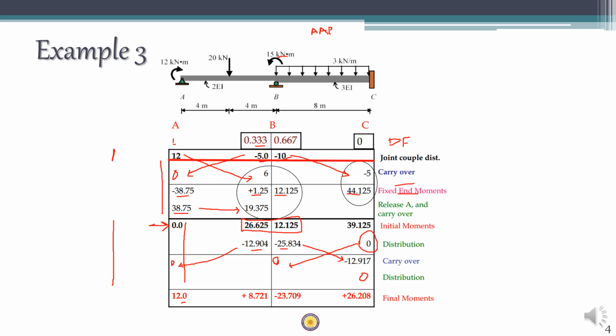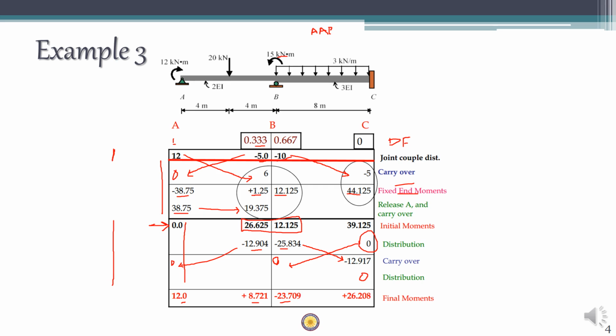Minus 5 plus 26.625 minus 12.904, you get plus 8.721. Minus 10 plus 12.125 minus 25.834, you get minus 23.709. 0 plus 39.125 plus 0 minus 12.917, you get plus 26.208.